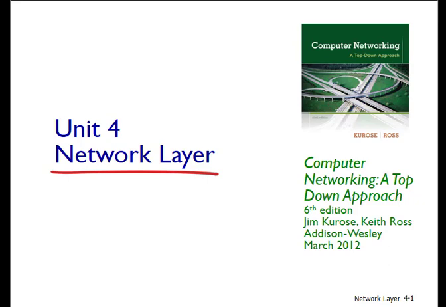There are a number of modules in this course, and we have already covered the first three: an introduction, a module on the application layer, a module on the transport layer, and now we are into the second lesson of our module on the network layer. So let's pick up where we left off.